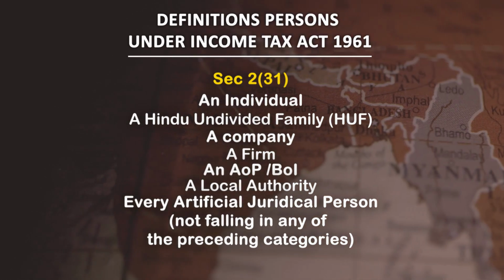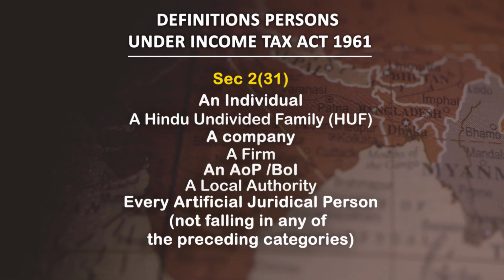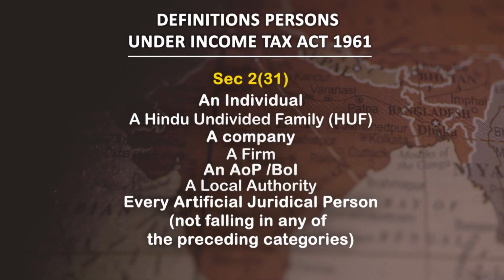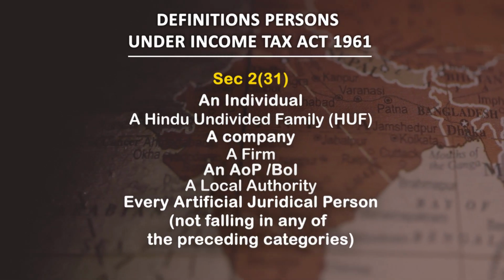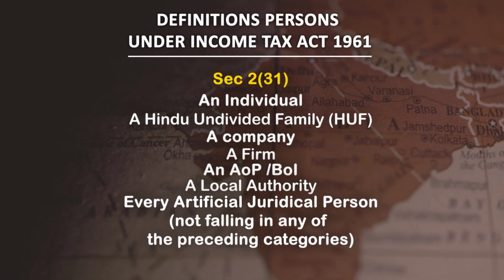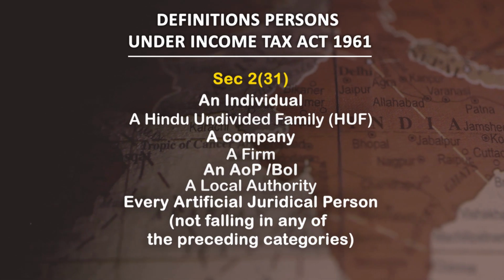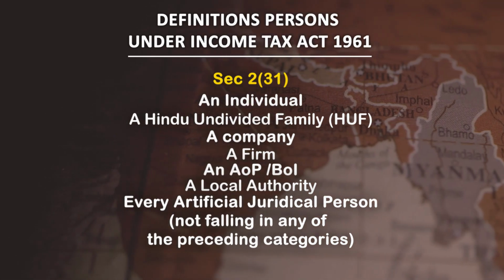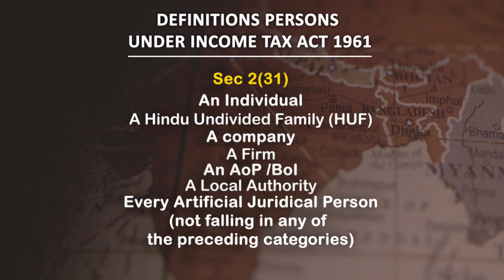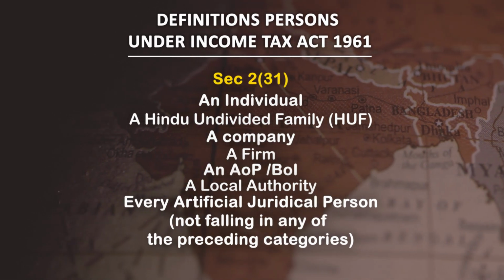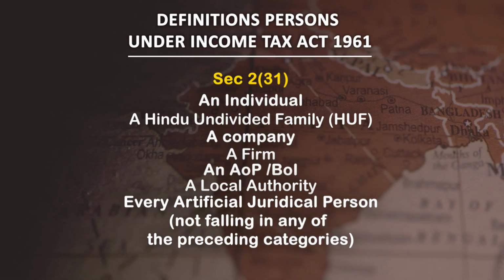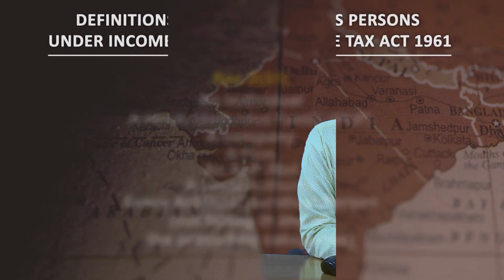This is so broad that the deity also falls under this definition. So, we can say that all kinds of entities are subject to pay income tax because section 2 subsection 31 is a broad one which takes into its purview all kinds of entities.